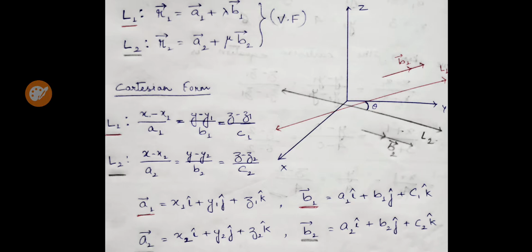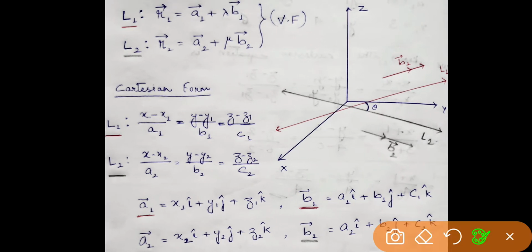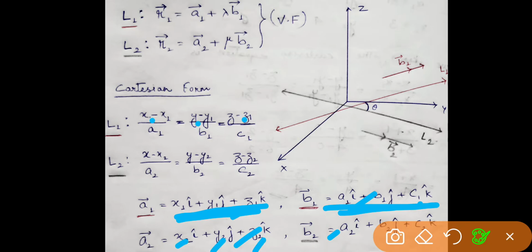Now the vector equation can be expanded like this. With the help of this I can write the Cartesian form also. See, x minus x1, y minus y1, z minus z1, and the denominators will be the direction ratios of this. Similarly line 2 will be x minus x2, y minus y2, z minus z2, and the denominators will be a2, b2, and c2.